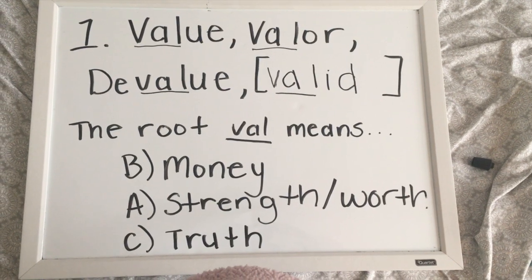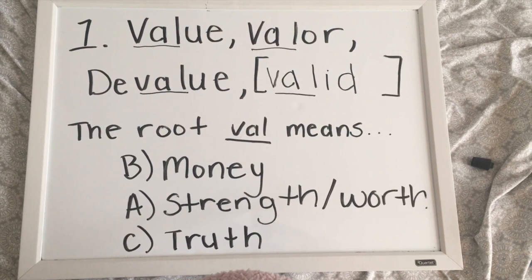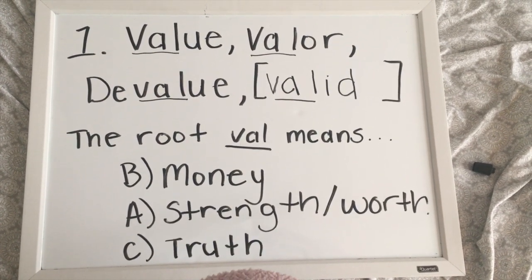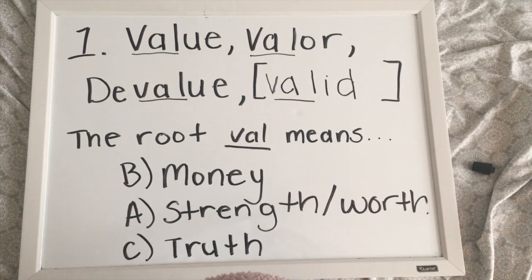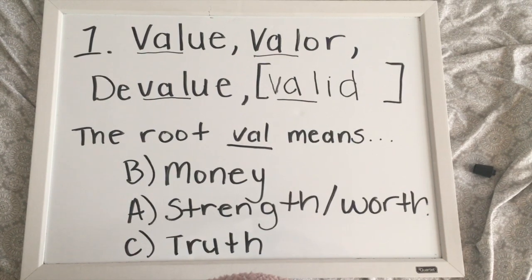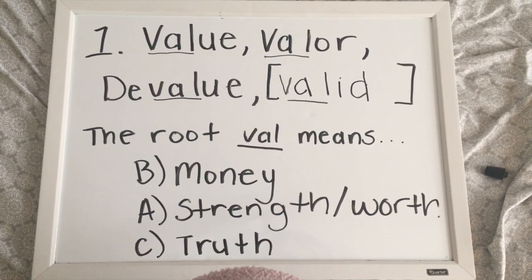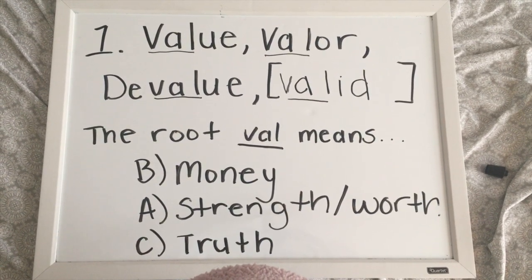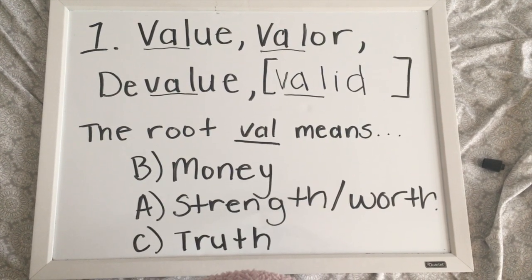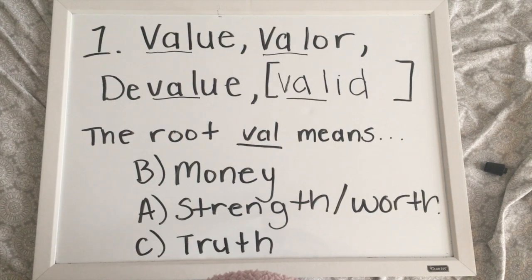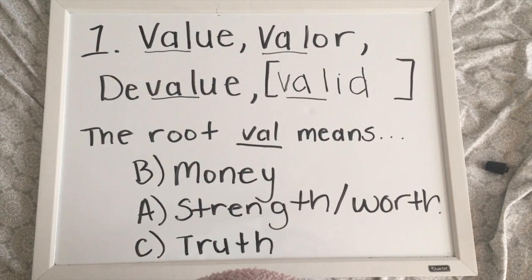Yes, to make sure that the source itself is correct, and that it would be helpful in our papers. Now let's look at the word value. What do we think of when we think of the word value? Money, yes. So we do often think of money when we think of value, but what are we actually really looking at?